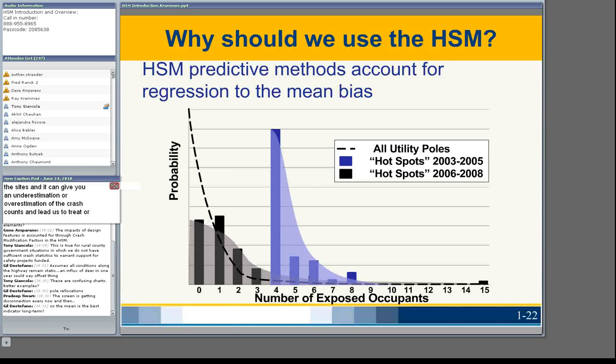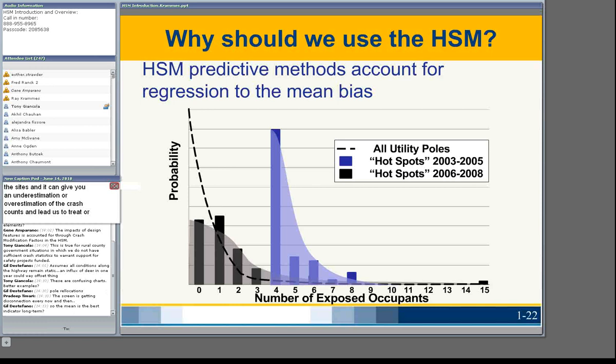Chapter 6 is selecting countermeasures. It's the third step. Reduce crash frequency or crash severity as specific countermeasures and identifies projects that are most cost-effective analysis.